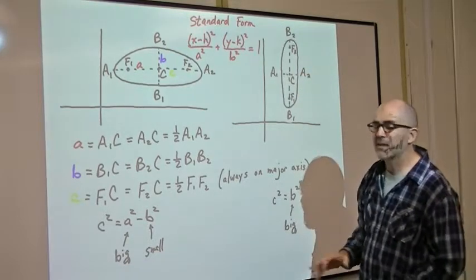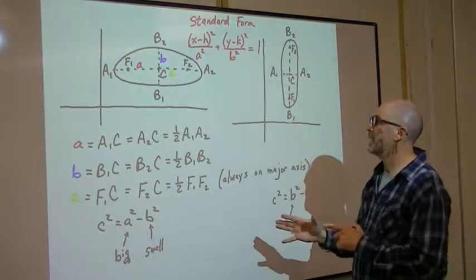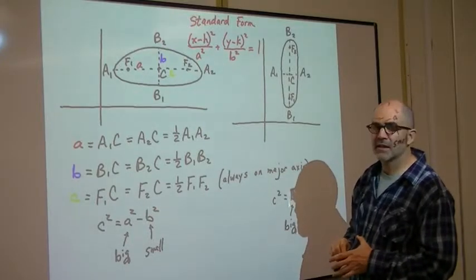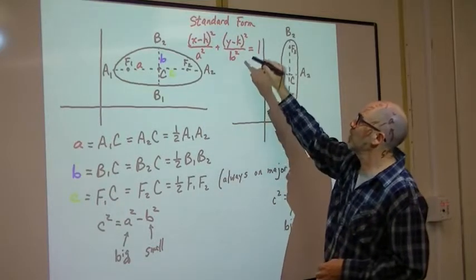Now I don't like that because then it's confusing what's A and what's B depending on the ellipse. So in my system, A is always aligned with X and B is always aligned with Y.